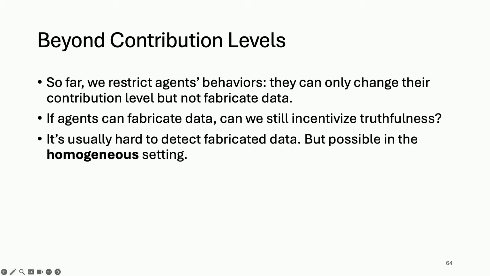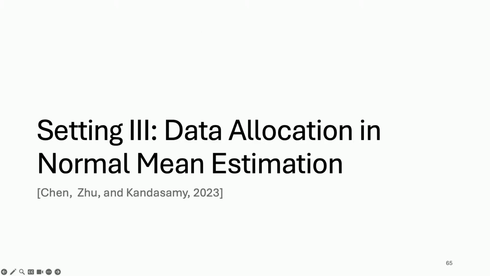It is usually hard to detect fabricated data, but it is possible in the homogeneous setting. So we get into the third paper, data allocation in normal mean estimation.